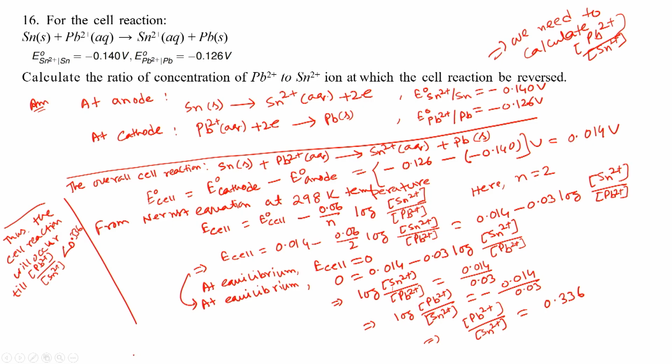Till that, once it reaches 0.336, then the equilibrium will be reached. Okay. So E cell will be negative and the reaction will be reversed.